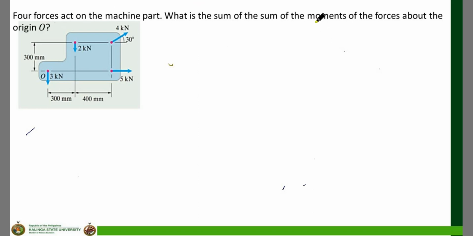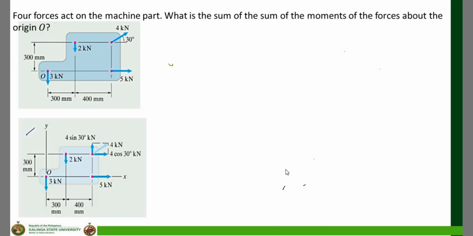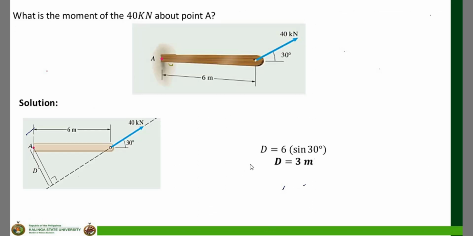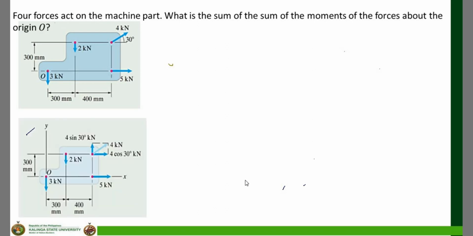We need the sum of the moment of 3 kilonewtons about point O, plus the moment of 2 kilonewtons, plus the moment of 4 kilonewtons, plus the moment of 5 kilonewtons. Let's redraw the diagram.